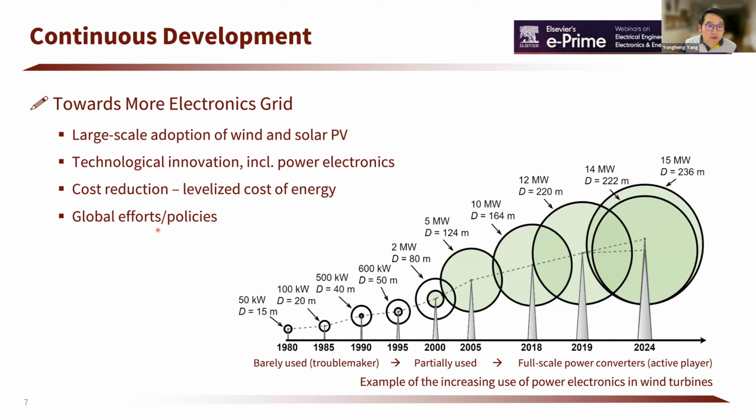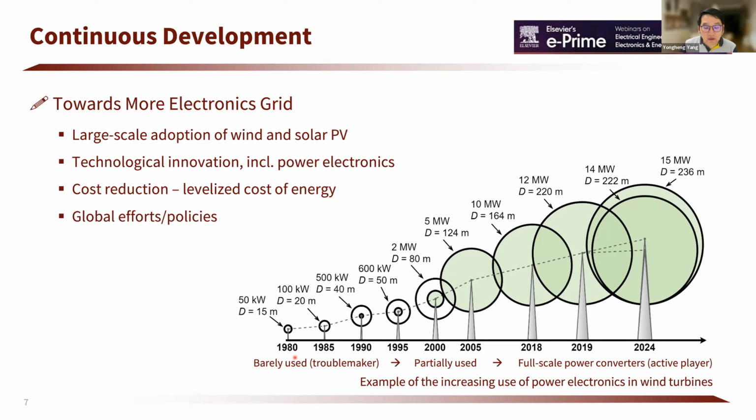And for example, as I mentioned, for wind power systems, because of the use of more power electronics, the power processing capability is increasing. Then we see much larger wind turbines, and this basically shows how power electronics has been used in wind power generation along with its history.